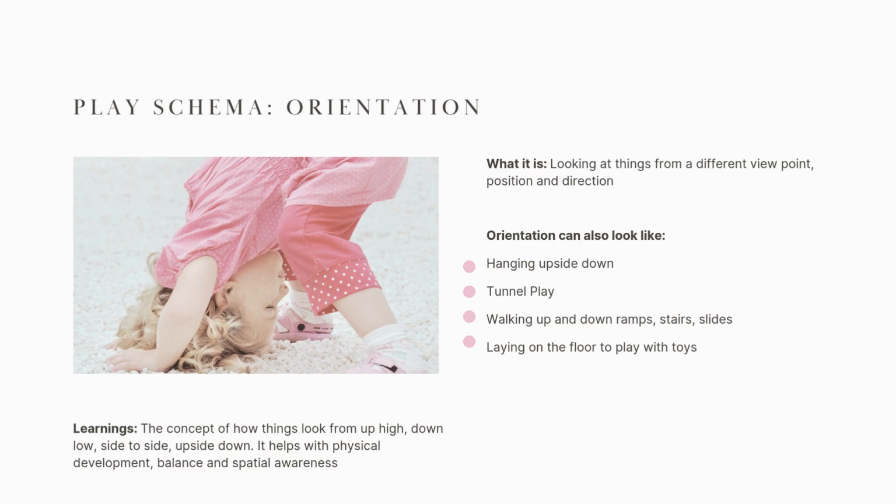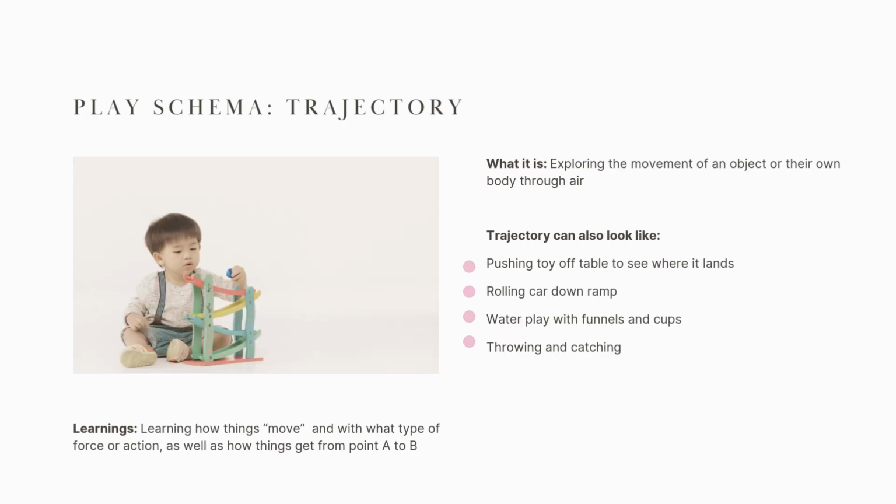They are simply exploring the car from a different viewpoint. And through the play schema of orientation, they are learning concepts such as up high, down low, side to side, upside down. And this also helps with their physical development, their balance, as well as their spatial awareness.